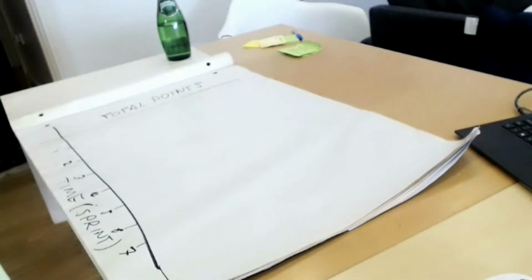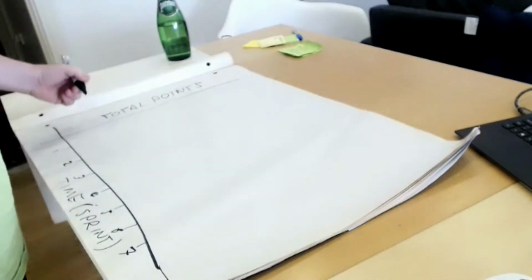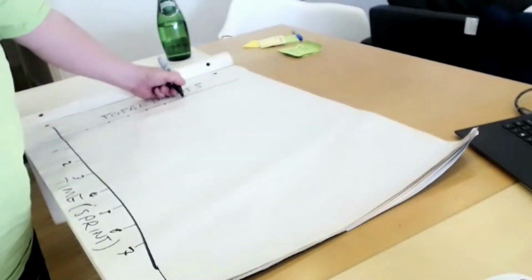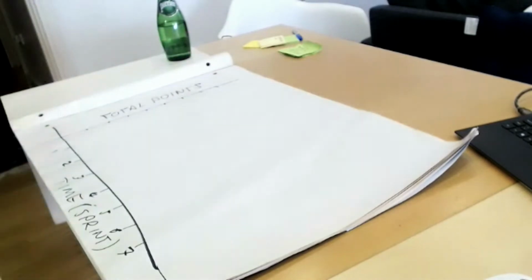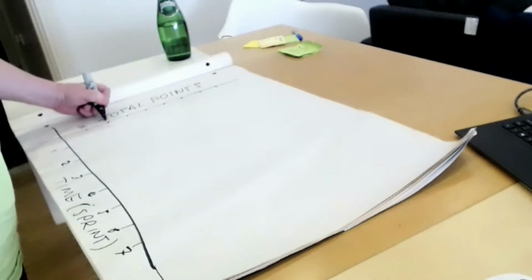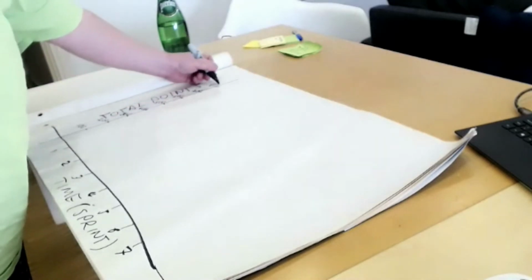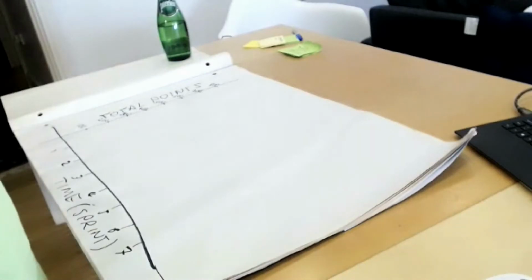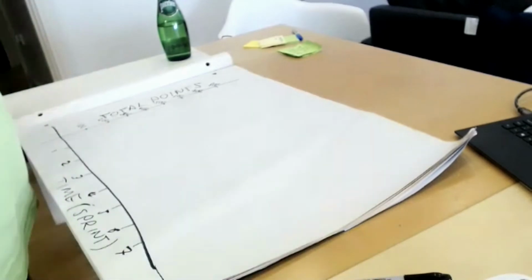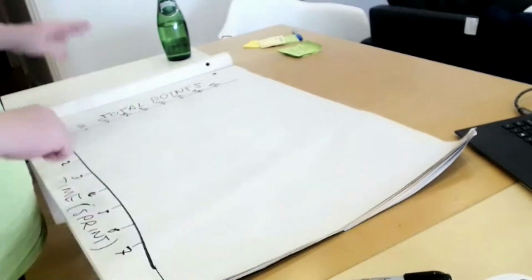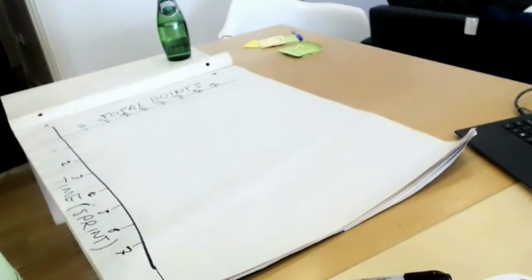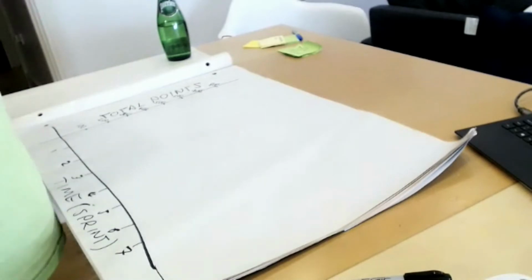Now, the total number of points in our example is 788. And so a burn-up chart has 2 axes, time and total points, and then it has 3 lines.